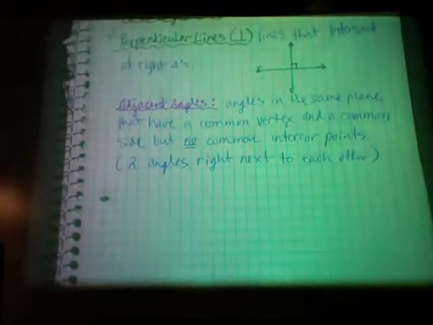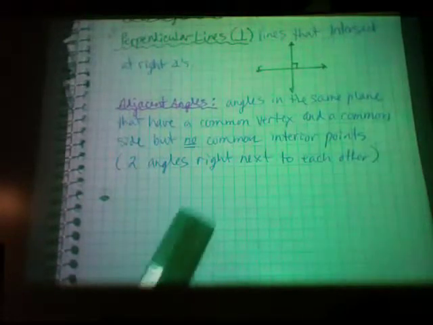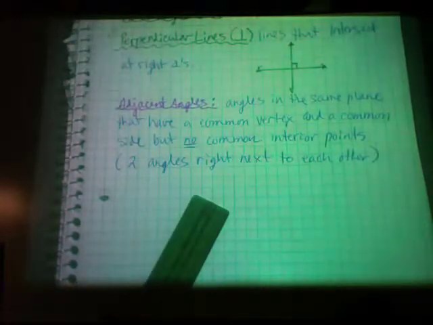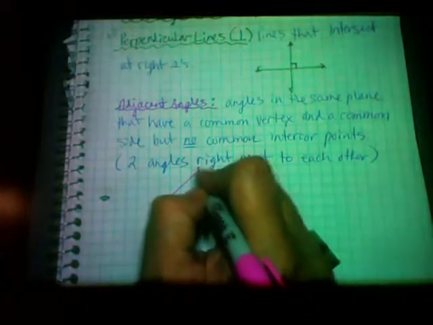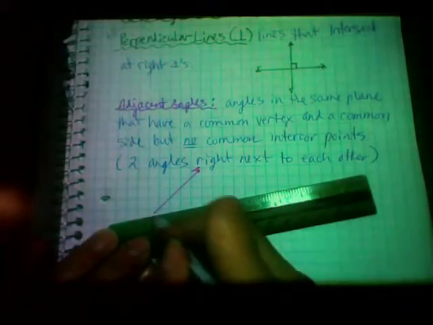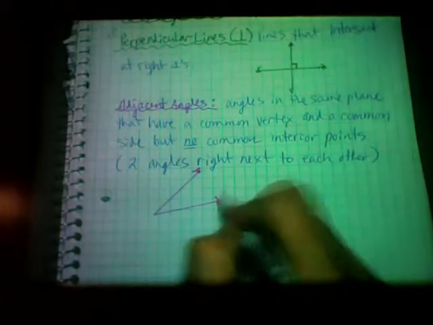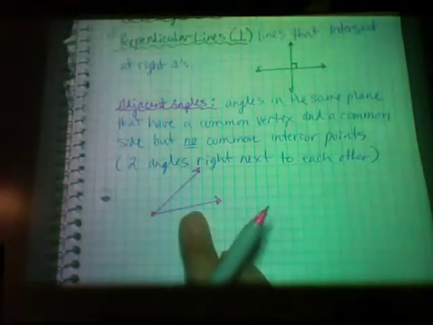And so we're going to draw 2 different pictures of what they could look like. They can be acute, obtuse, right. They can be any kind or size of angles. I'm just happening to draw 2 acute. Now you could have an acute and obtuse. That works also. But here's one angle. Here's the vertex. This is the side that they're going to have in common.